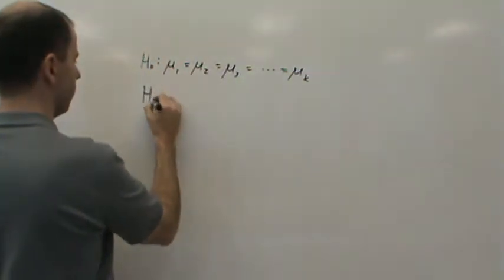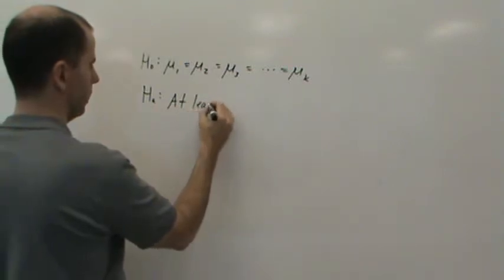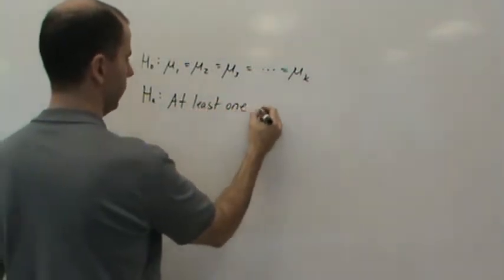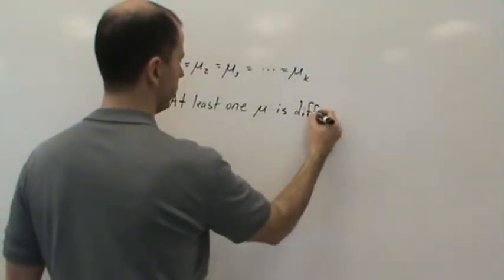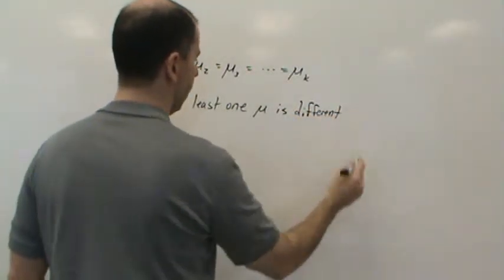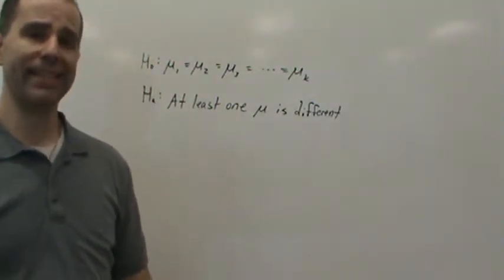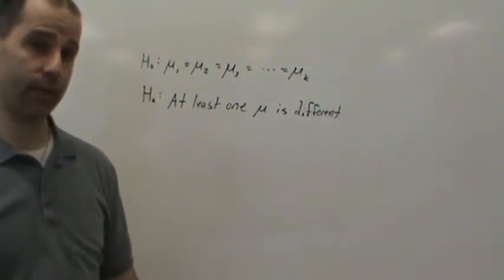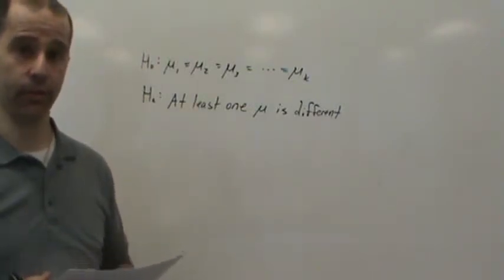And the alternative is going to be that at least one mu is different. And just like the other similar tests that we've done, this test doesn't tell us where the difference lies. It just tells us that there exists a statistical difference.